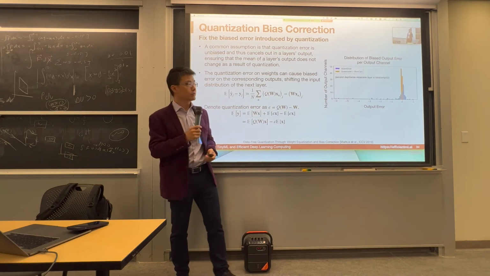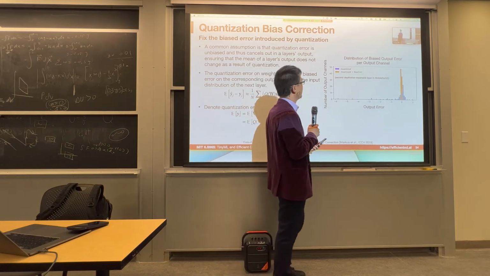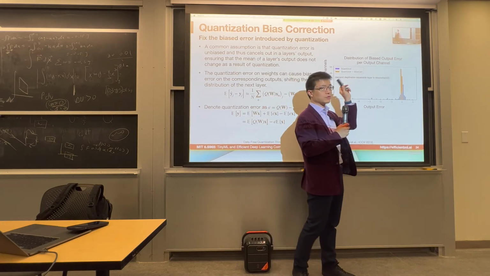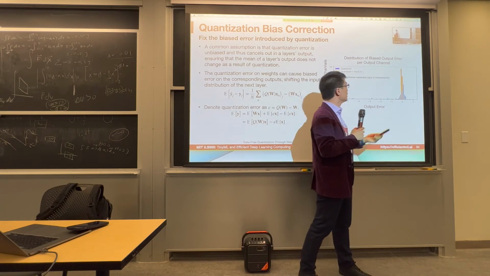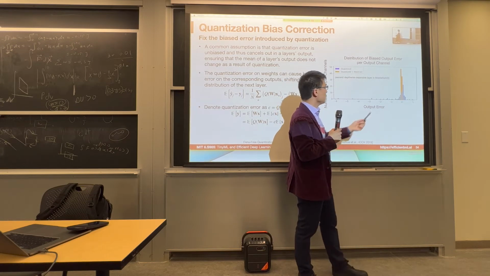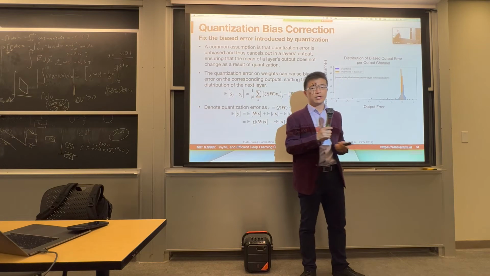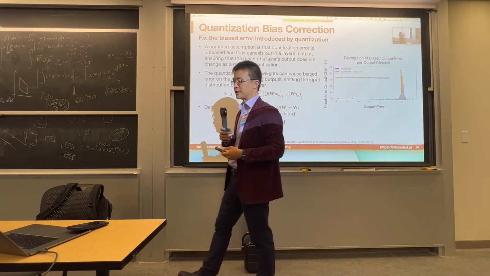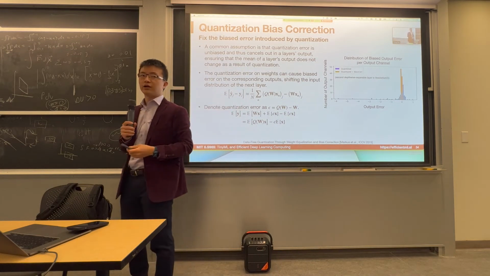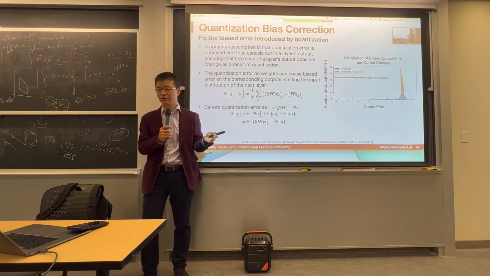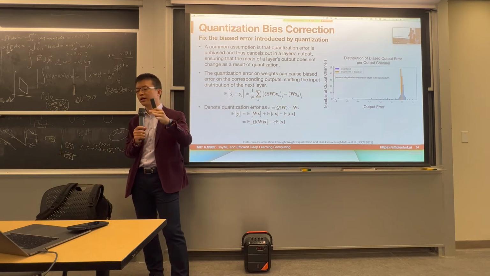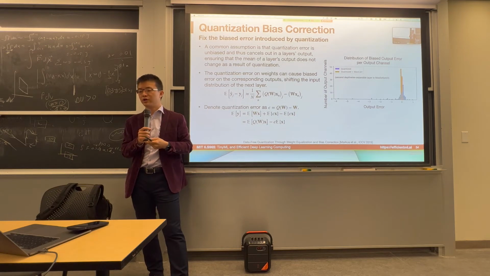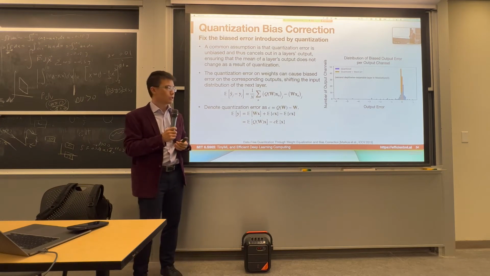So our ideal case is to introduce this bias correction term so that most of the output channels have a 0 bias value after quantization. Bias value means that if you feed it a certain number of images, the floating point versus the quantized value will give you a similar mean. So how do we do that?